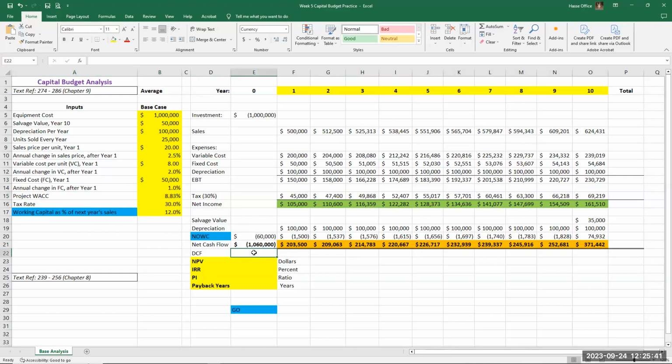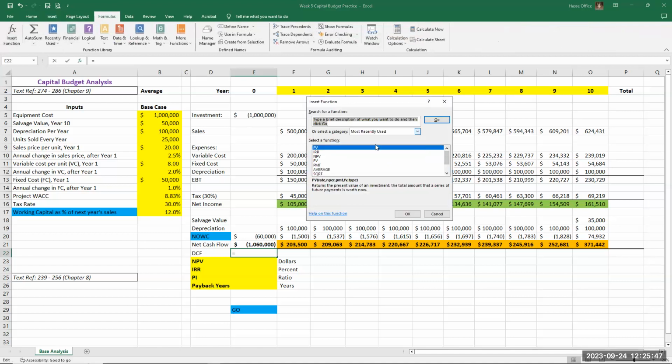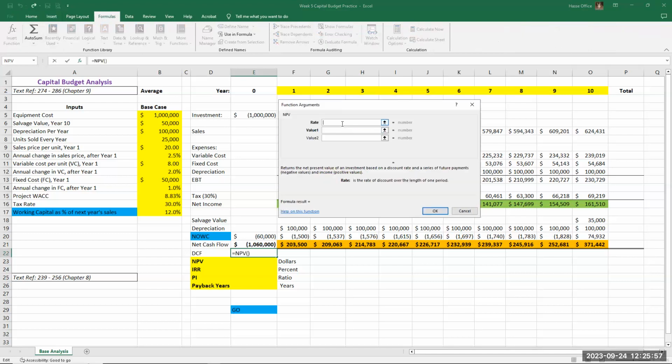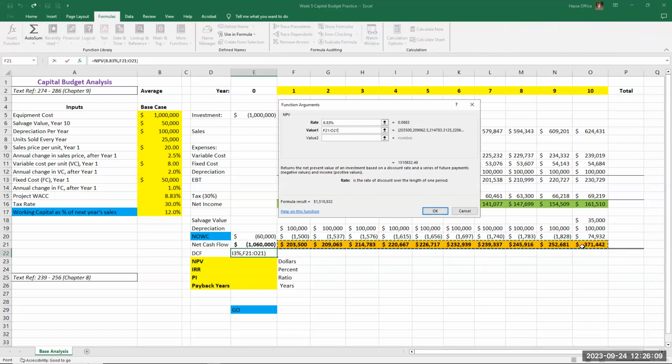So if I do the discounted cash flow analysis, formula, function, financial, and I look for the NPV, the net present value function, and I type in my cost of capital given, 8.83%. And now I go to value, and I go to the value of year 1 through year 10, F21 to O21.